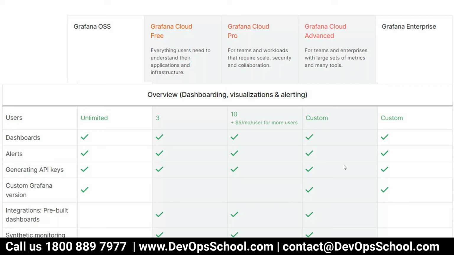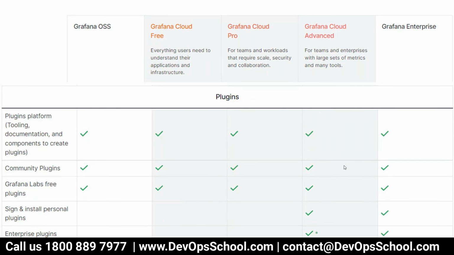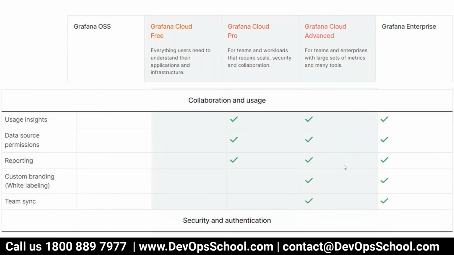At a high level, the basic one is available in the free version, but most of the advanced options related to observability, like APM, infrastructure monitoring, synthetic, and many more, are not available in the free version. You can compare this at a later point in time.